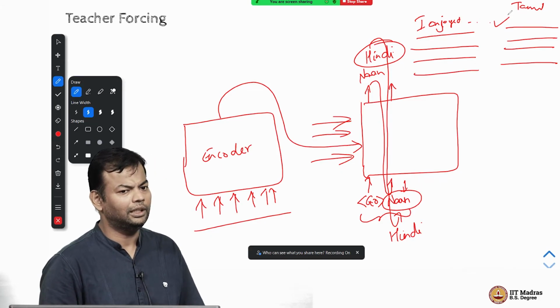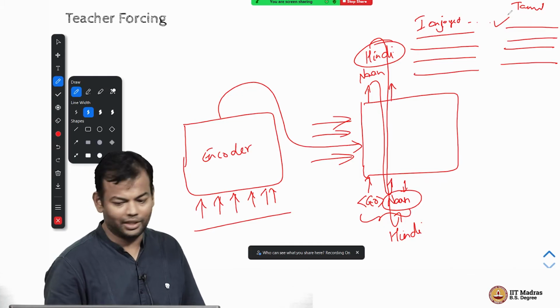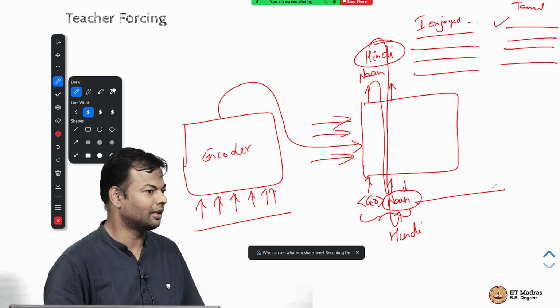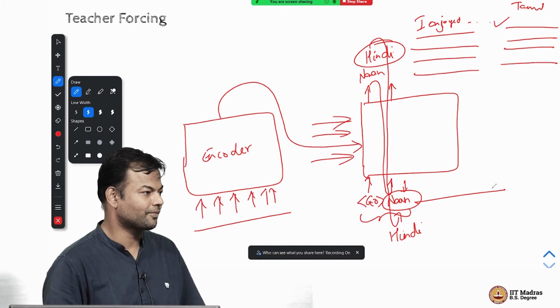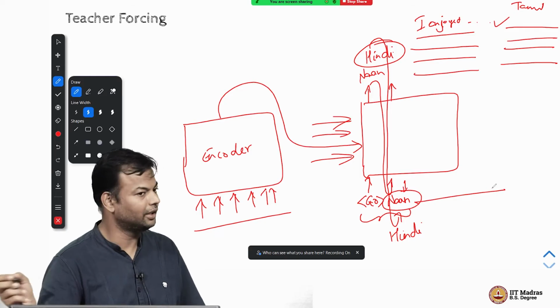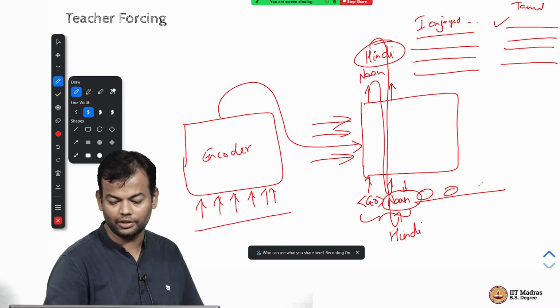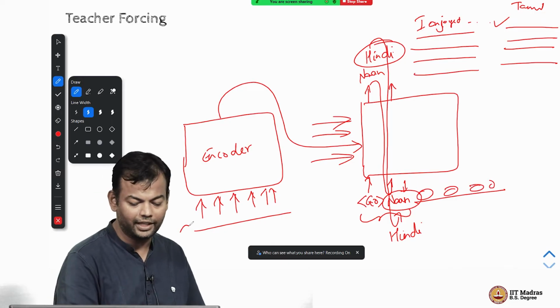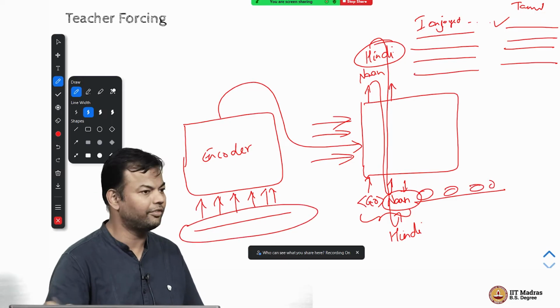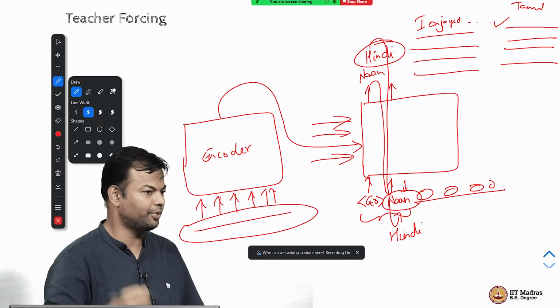Okay. Then why do all this drama, right? I'll just feed it the full translation here and ask it to decode. What's the problem with that? I'll have the full Tamil translation here, right? All the words. I'll just feed it, just as I was feeding the entire English sentence here, I'll feed the entire Tamil sentence here and ask it to predict.